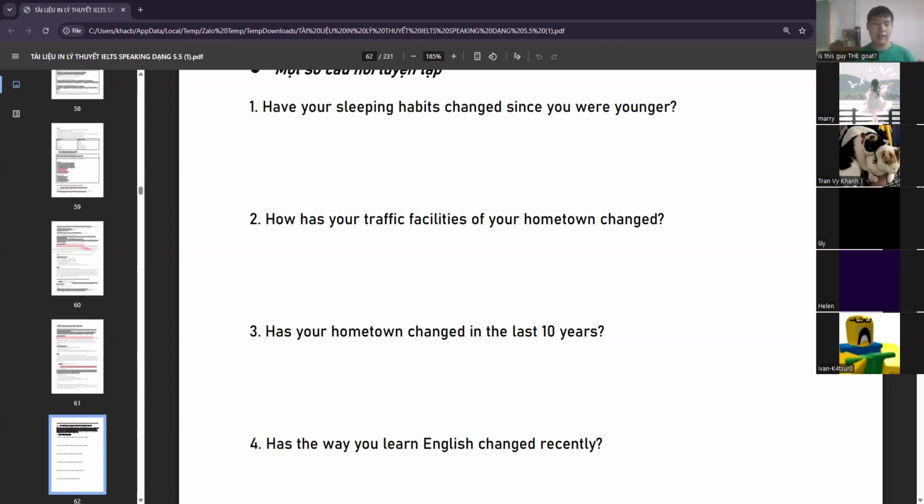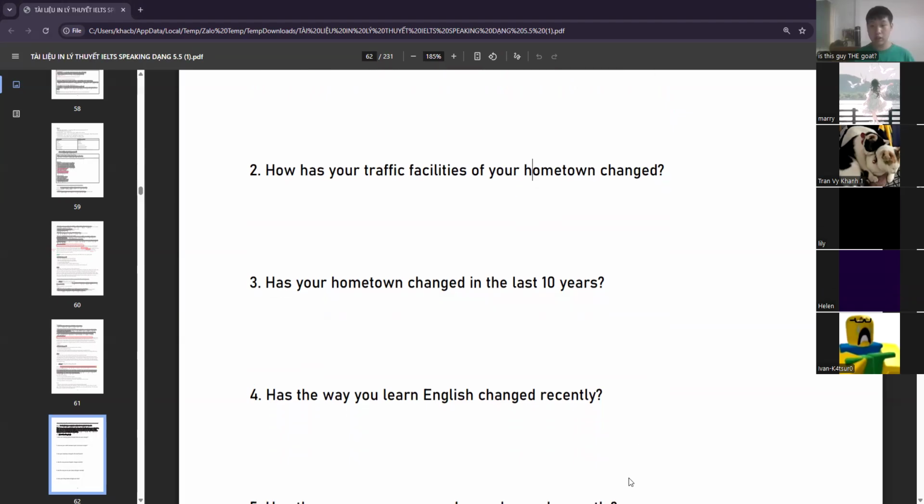I'm also pretty busy learning other things, so I don't really focus much on whether the way I learn English has changed. Generally, I don't see much change in the way that I've learned this language for at least the past 2 years, if that's what you would define as recently. That would be something I would answer for this question.